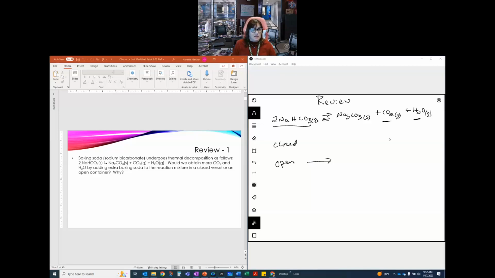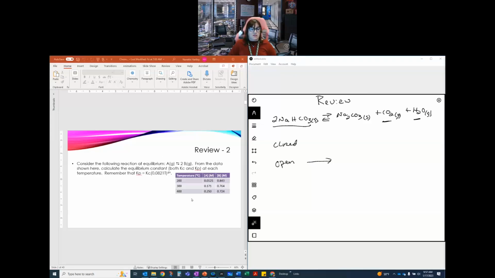When it's not contained, that means it's a lower pressure, so we can drive that reaction forward. It's almost like taking out that gas, the CO2 and the H2O that we're producing. It's almost like it disappears. And it doesn't really, it's just that our system is so large that we don't have to worry about it. In a closed container, we definitely feel that effect. All right? So that's that.